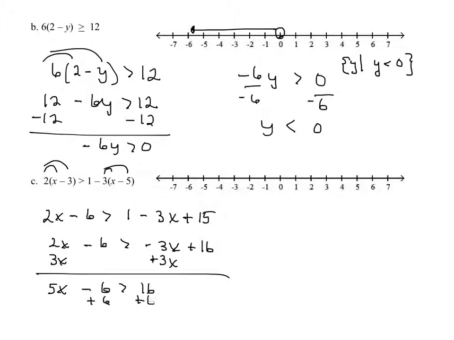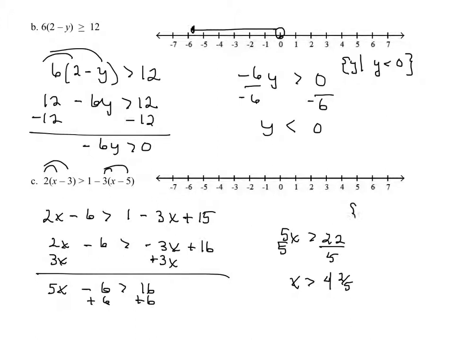Add 6. Yay. 5x is greater than 22. Divide by 5. x is greater than 4 and 2/5 or 22/5.